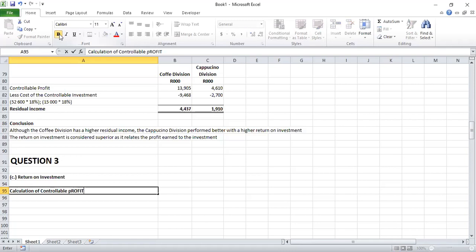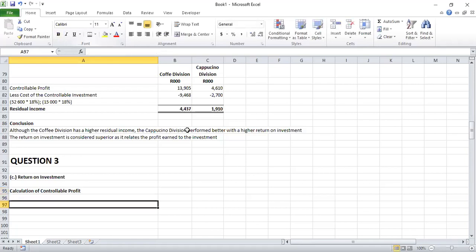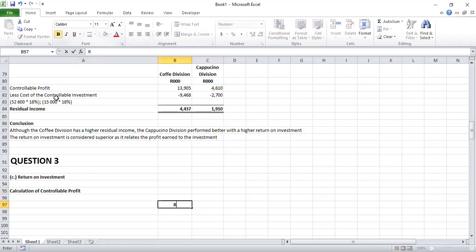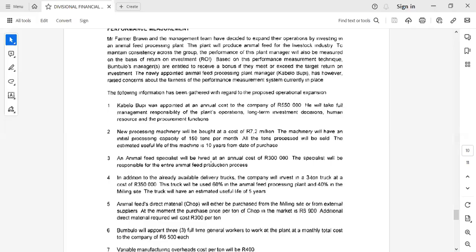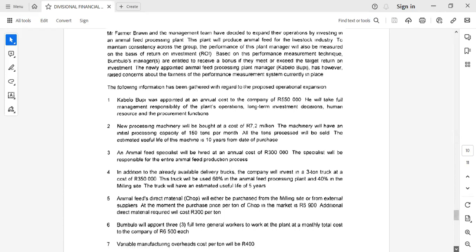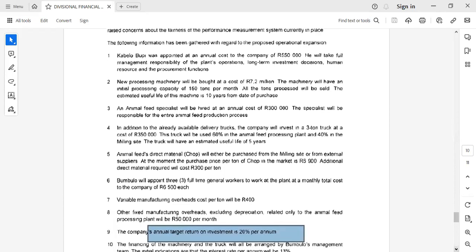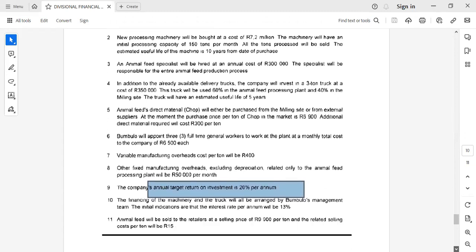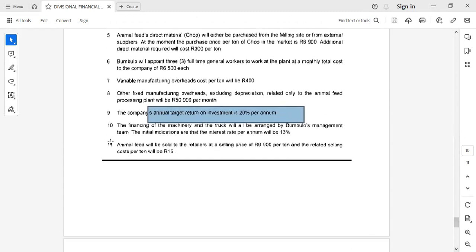Remember that our controllable profit is the revenue minus controllable costs. Let's find out what will be our revenue. I just want to check our revenue here. Right. We get to number 11.